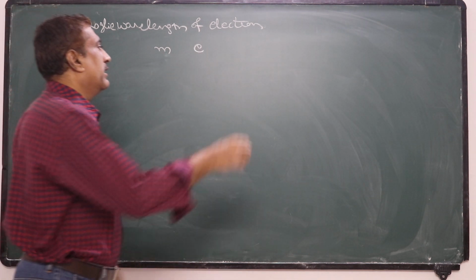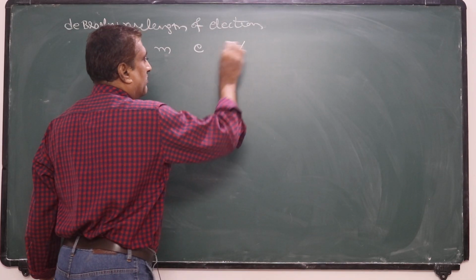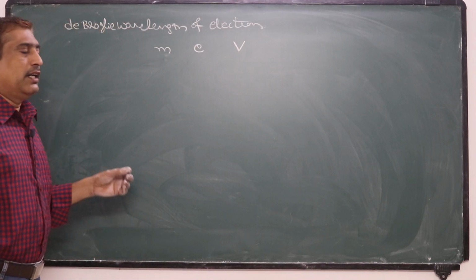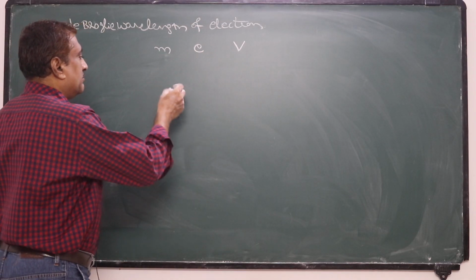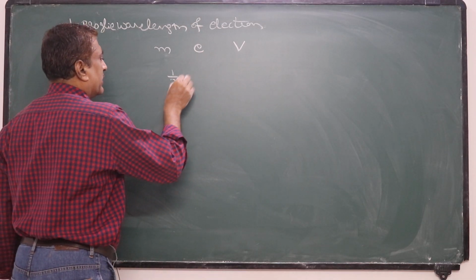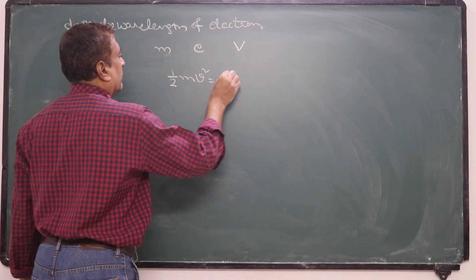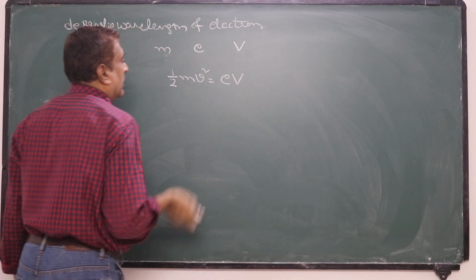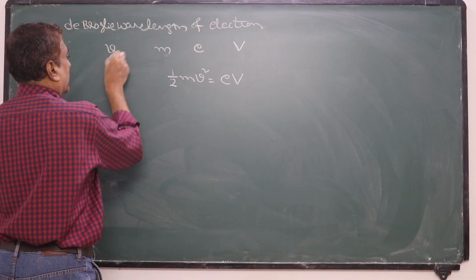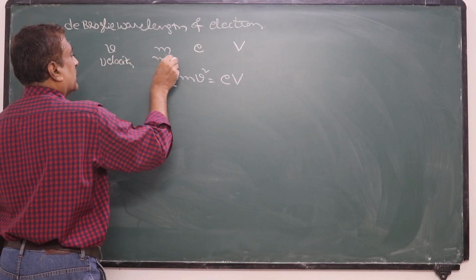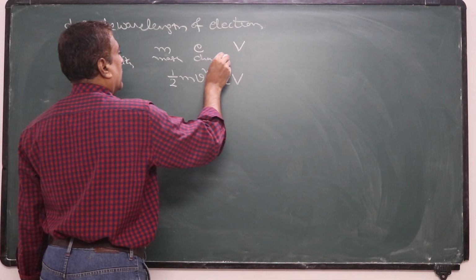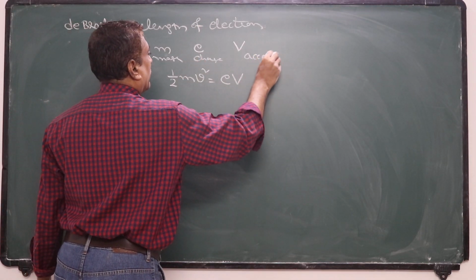Then the electron is accelerated by a potential capital V. When an electron is accelerated by a potential capital V, then we can write the equation as half mv square is equal to eV, where small v is the velocity, m is the mass, e is the charge, and V is the accelerating potential.